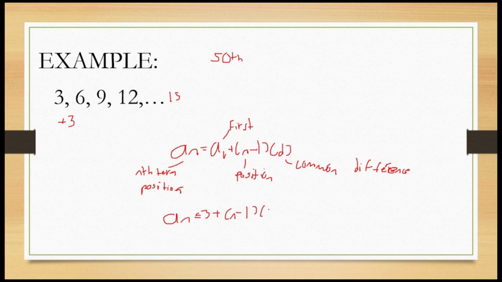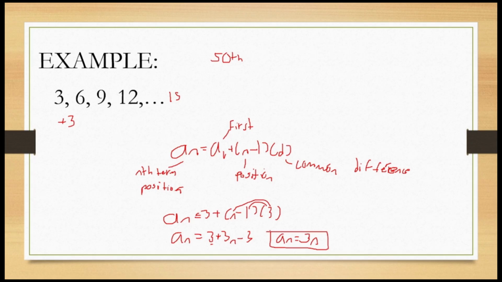And times 3. So let's simplify. Distributive property. So a_n equals 3 plus 3n minus 3. So add similar terms. 3 plus negative 3 equals 0, so a_n equals 3n.